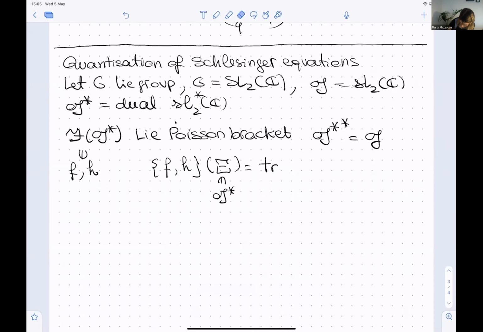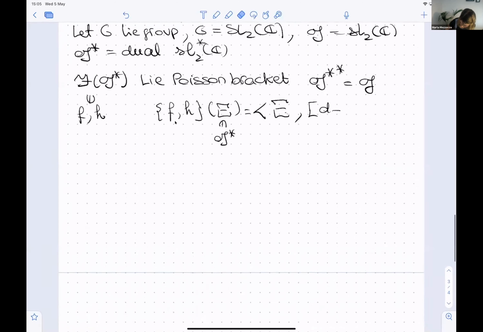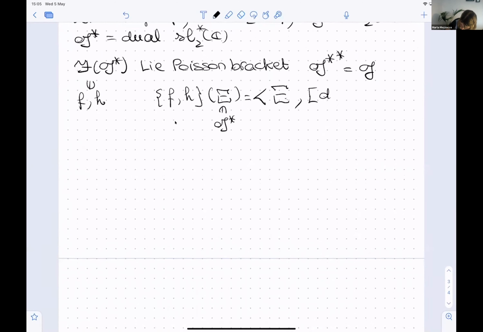Well, okay, I'm already thinking in representation theory, but we can take a Killing form to identify G and G star, and we can take the evaluation of psi on the commutator of the differential of f and the differential of h.